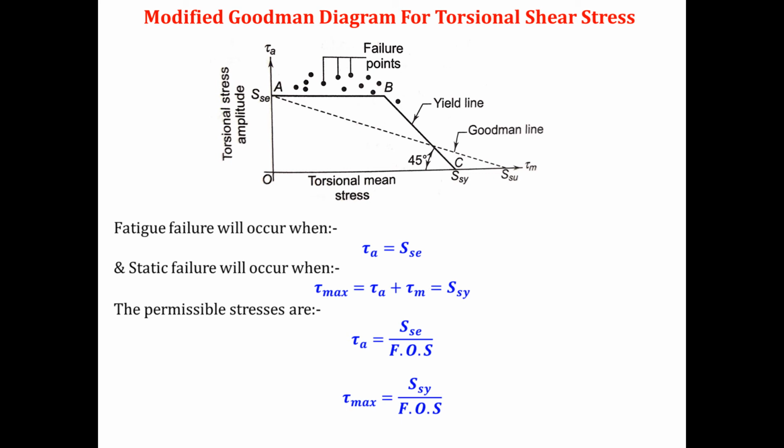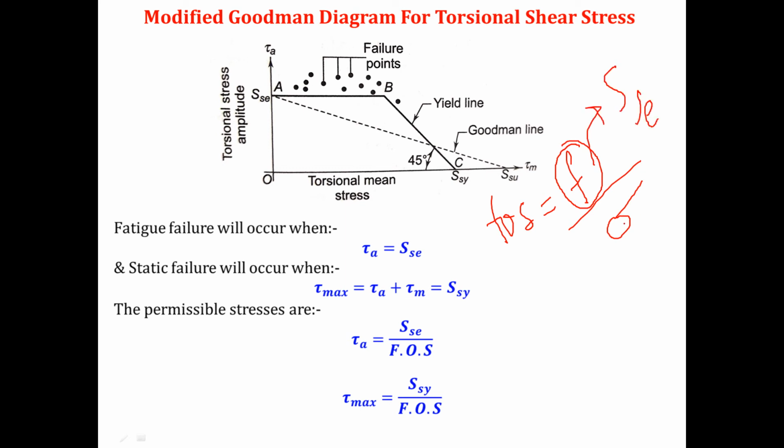So if factor of safety is taken into account, how does this equation change? I know that factor of safety is failure stress divided by permissible stress. Failure stress will be nothing but the endurance limit stress in case of shear, that is SSE, divided by permissible stress.